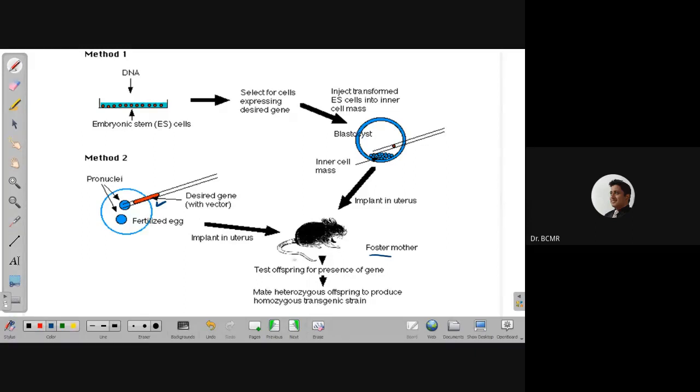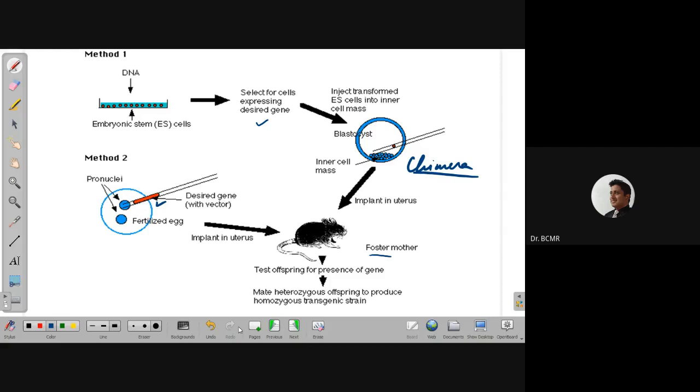In the engineered embryonic stem cell method, we isolate the embryonic stem cells, introduce the gene, select for the recombinant cells, and put them into a blastocyst to generate a chimera. Then we implant into the mouse and get chimeric mice.